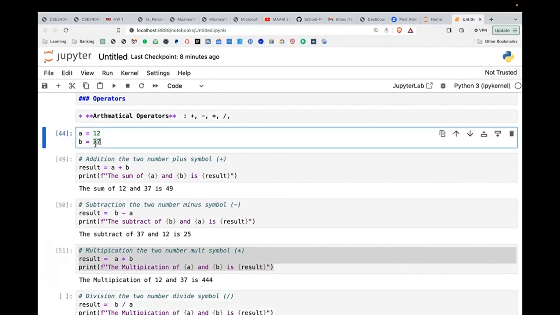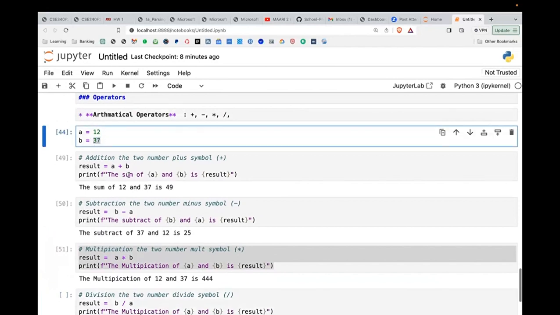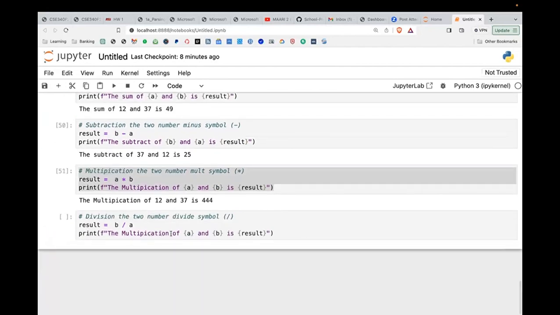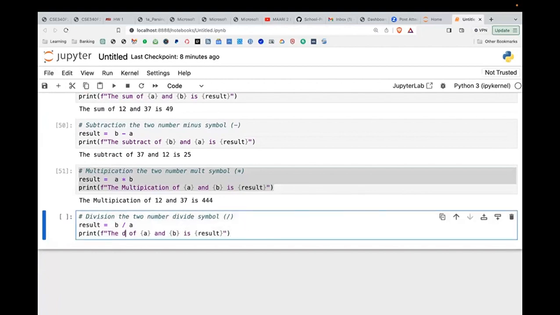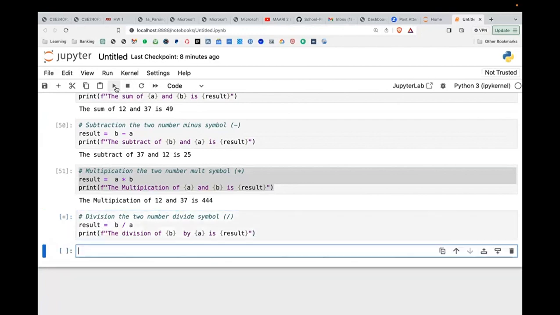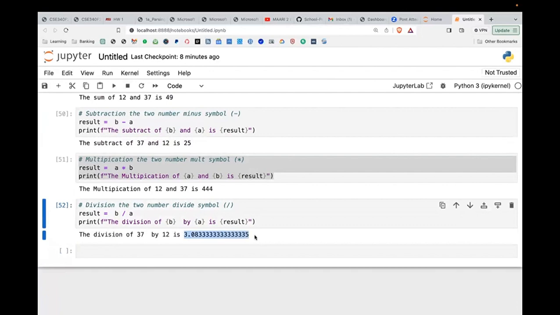B is 37, so I am dividing 37 by 12. So you can say division of B divided by A is this. You can see what exactly happened. It will tell you the value as this value. This value is by default a decimal value.